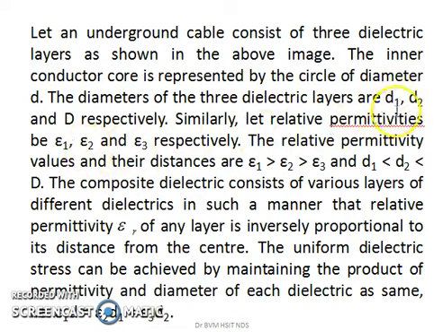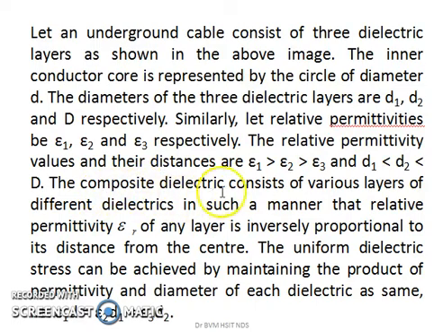Epsilon 2 is the permittivity of the dielectric having diameter d2, and epsilon 3 is the permittivity of the dielectric having diameter capital D. The relative permittivity values and their distances are: epsilon 1 is greater than epsilon 2, which is greater than epsilon 3, and d1 is less than d2, which is less than capital D.